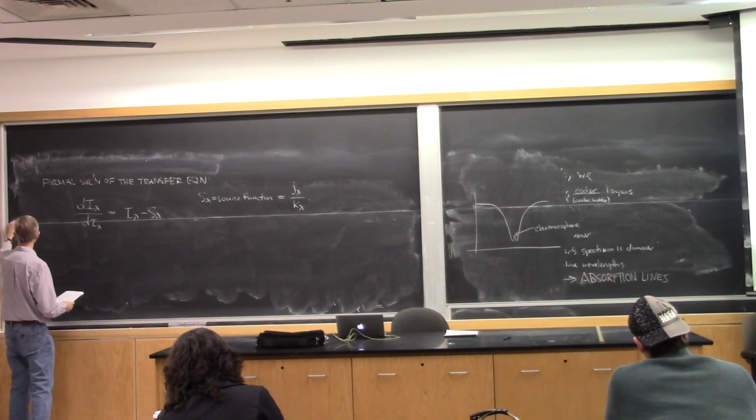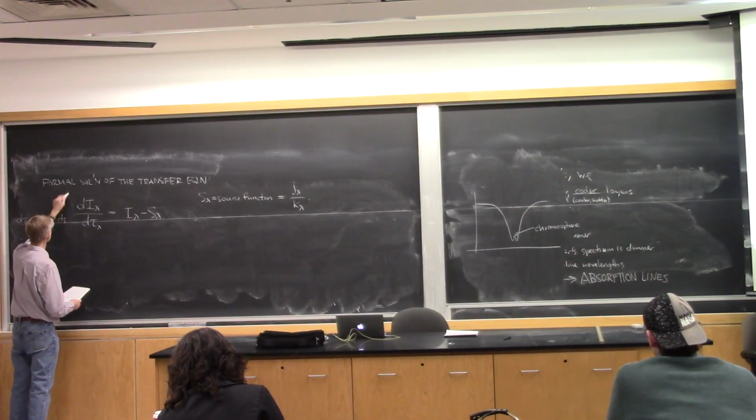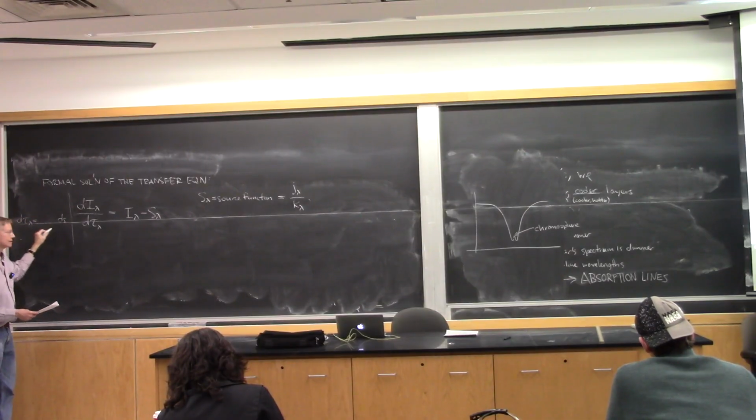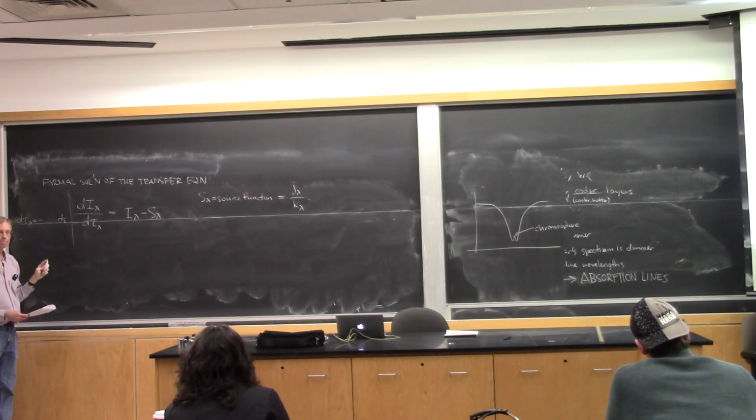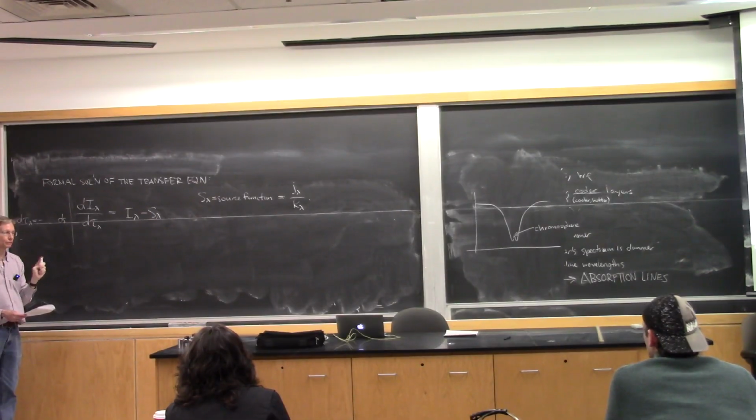The emission coefficient divided by the absorption coefficient is J lambda over kappa lambda. And remember that d tau lambda is what times ds? D tau lambda is minus kappa lambda rho ds. There's no I lambda part of it, because this is just talking about absorption and scattering.